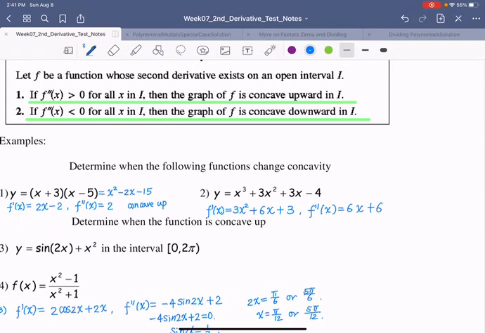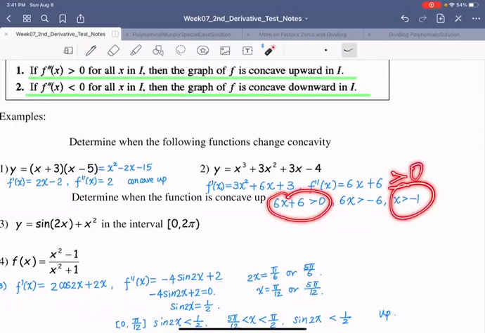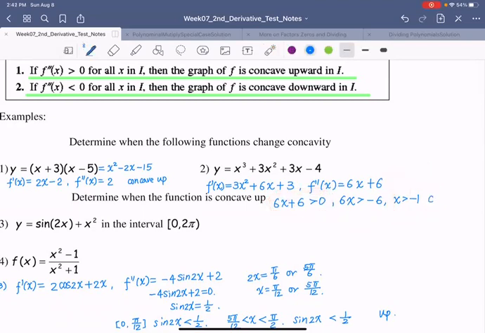Okay, so we can solve this inequality. X will be bigger than -1. 6x bigger than negative 6, so x is bigger than -1. Okay. Yeah. Because when x is bigger than -1, this is bigger than 0. Second derivative bigger than 0, so concave up. Okay.